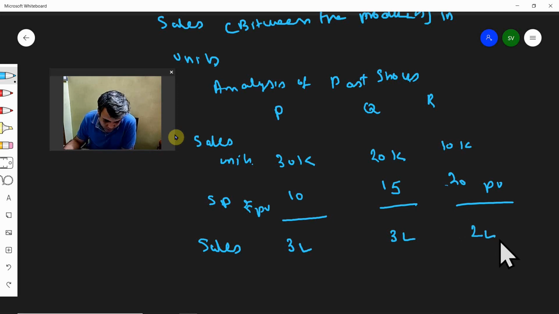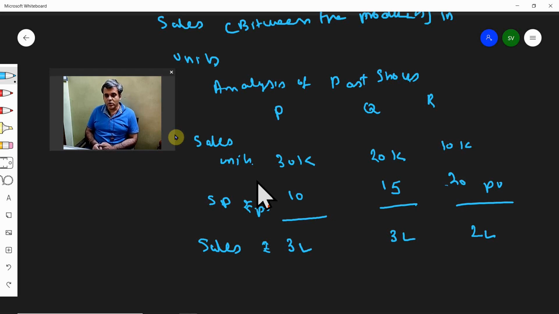Concentrate. Sales can here be seen in two expressions. Here, sales is in units. And here, sales is all in rupees, because I have multiplied it with the selling price. Now, when I say product mix, I mean the top line, that is 3 is to 2 is to 1, 30K is to 20K is to 10K.